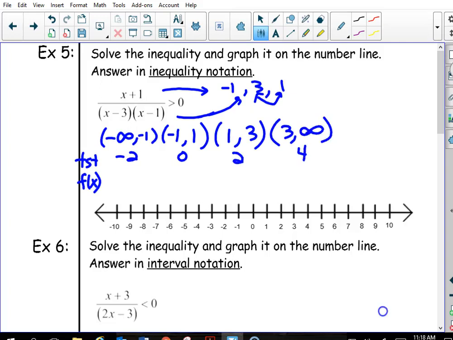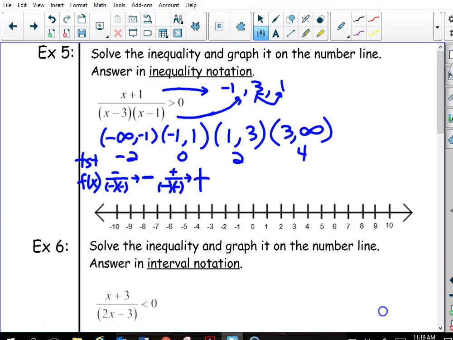2 and 4. Okay. Put in a -2, I get a negative in the numerator and negative in the denominator. That'll give me an overall negative. A 0 gives me positive, and negative.